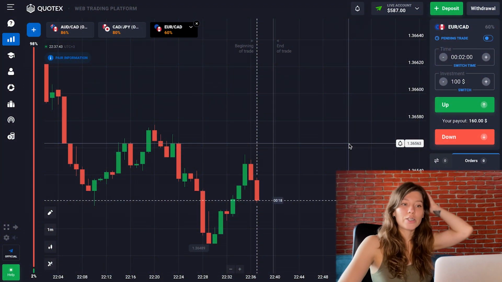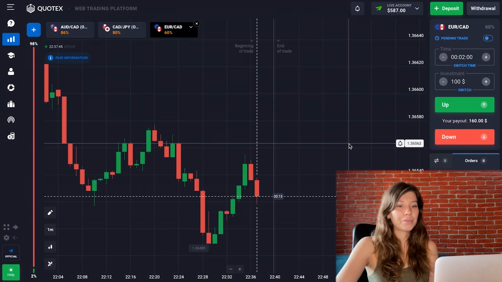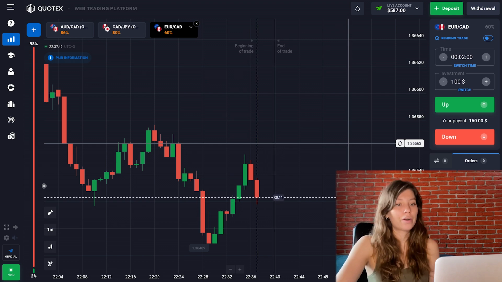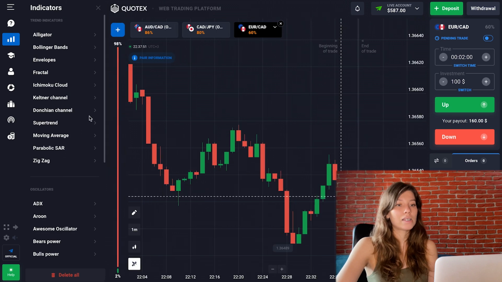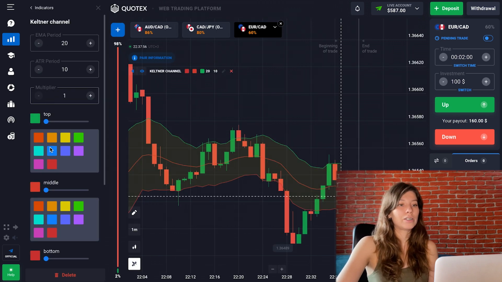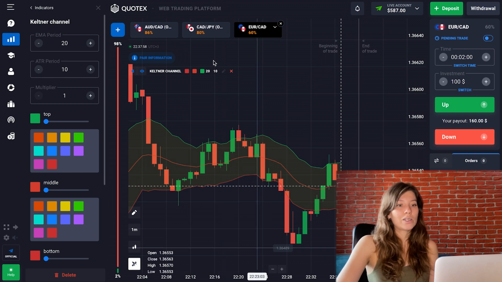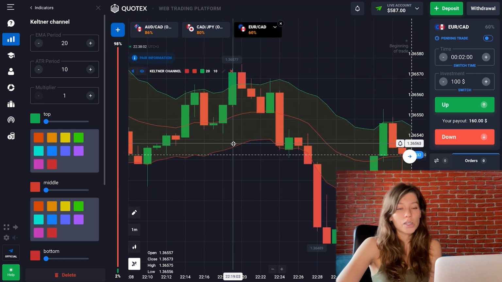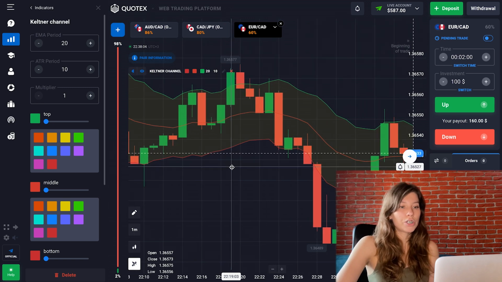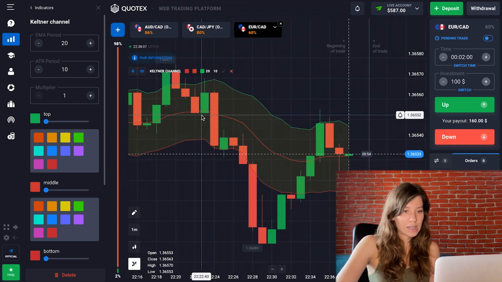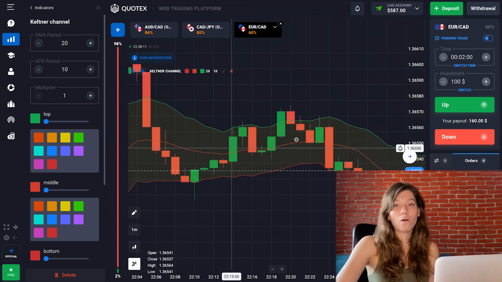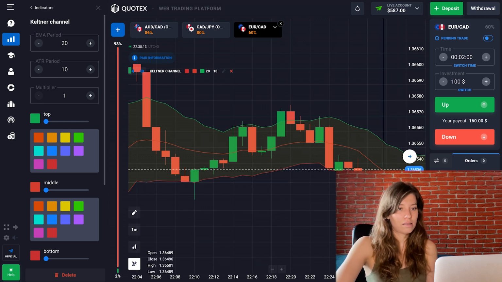So friends, as I told you, the Keltner Channel is not very popular, but at the same time it is popular among other traders, and this is a technical indicator that day by day the trader can use to help assess the current trend and provide trading signals, of course. The channels use volatility and average prices to plot upper, lower, and middle lines.